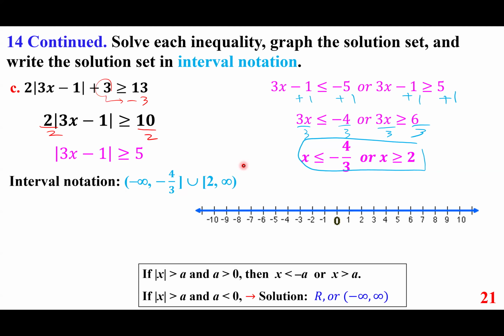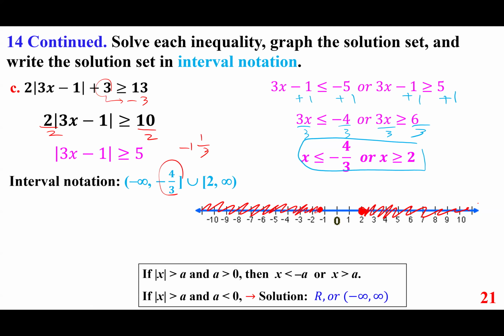So on a number line, there are two ways to do it. One way is to look at negative 4/3. Negative 4/3 means negative 1 and 1/3. So it's between negative 1 and 2. So roughly here, you put a solid point and everything to the left of it. 2 is here, not a hole, okay, solid point, and to the right of it.